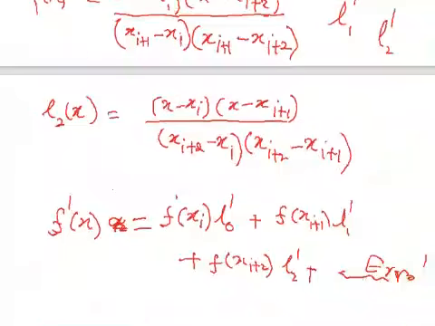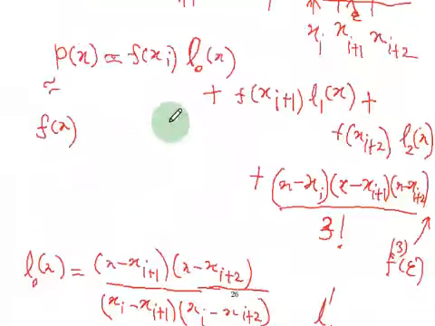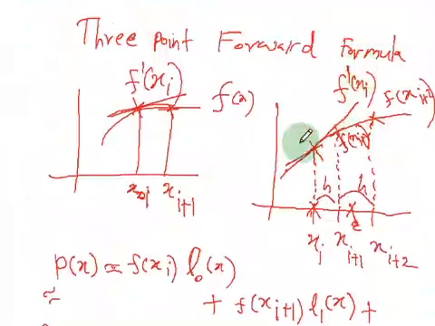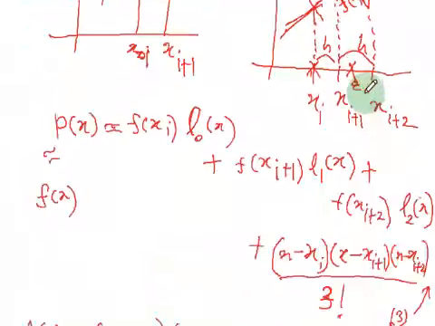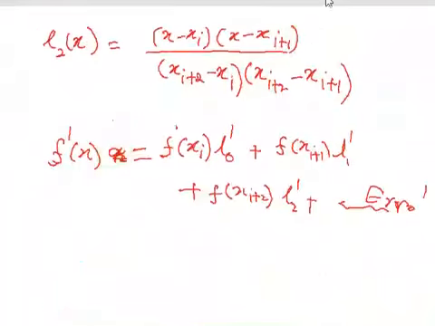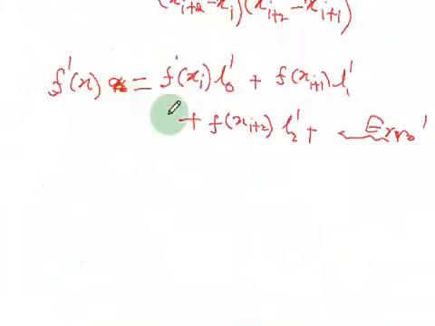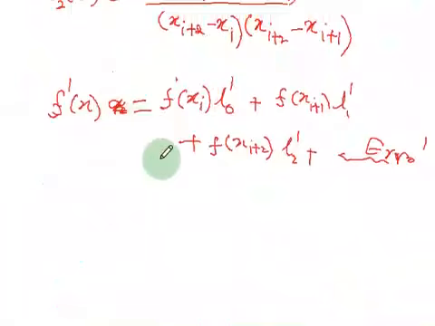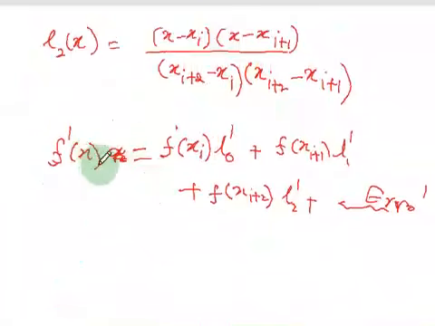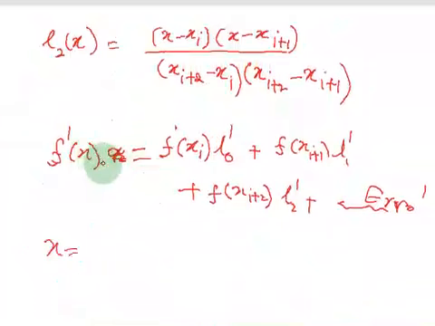And now we know that we want to find an approximation to f prime evaluated at xi, so you have to plug that xi into this formula, right? So just plug that into here, when x equals xi, plug this value into here.